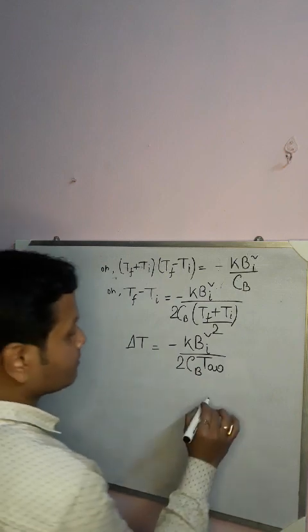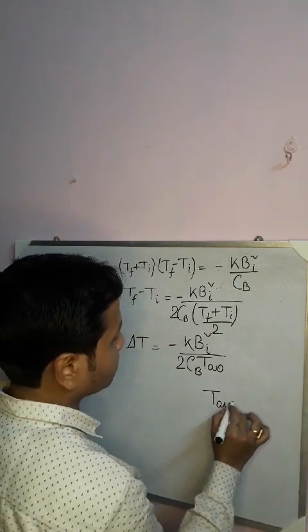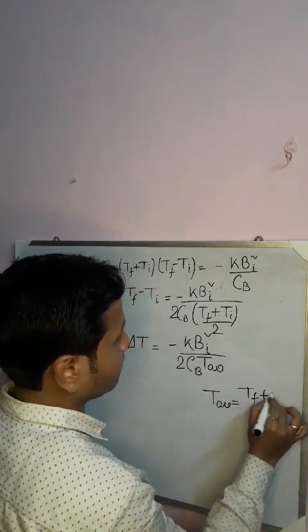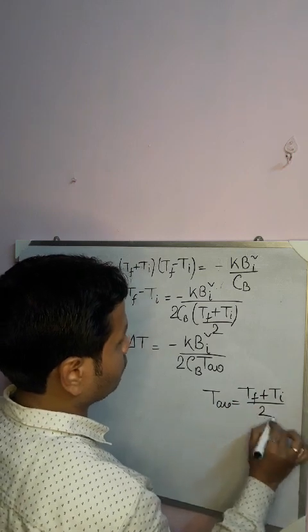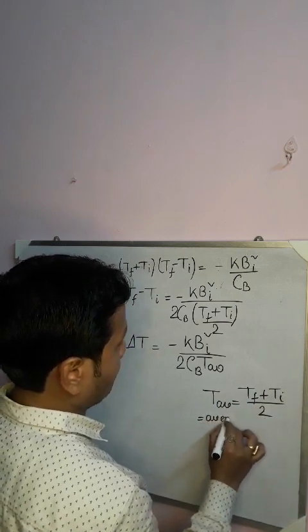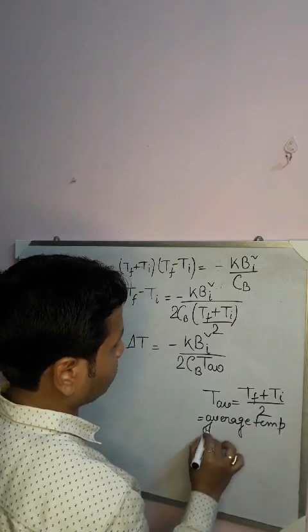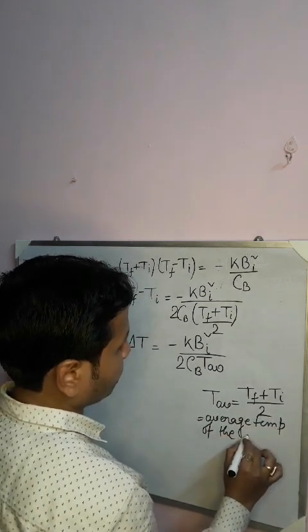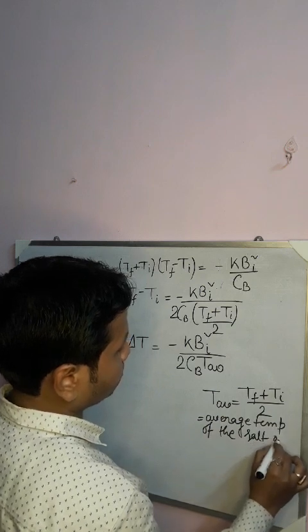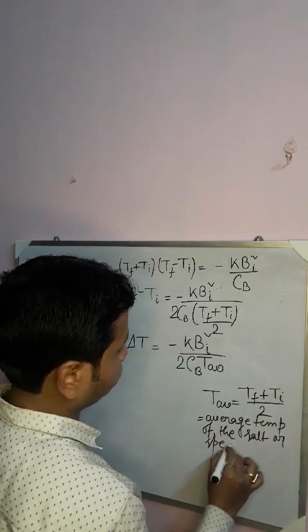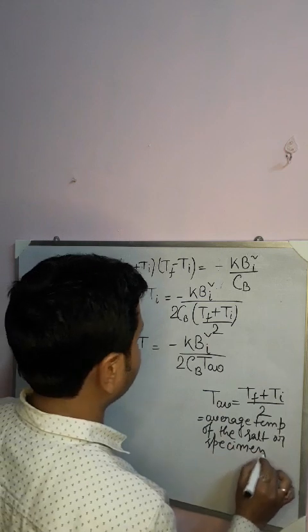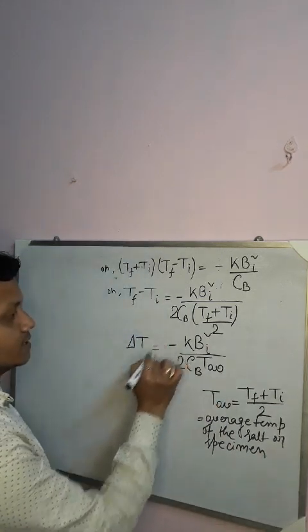So what is T average? It is the average temperature of the specimen, that is Tf plus Ti by 2, the average temperature of the paramagnetic salt or specimen, you can say. Thus we see that there is a minus sign.